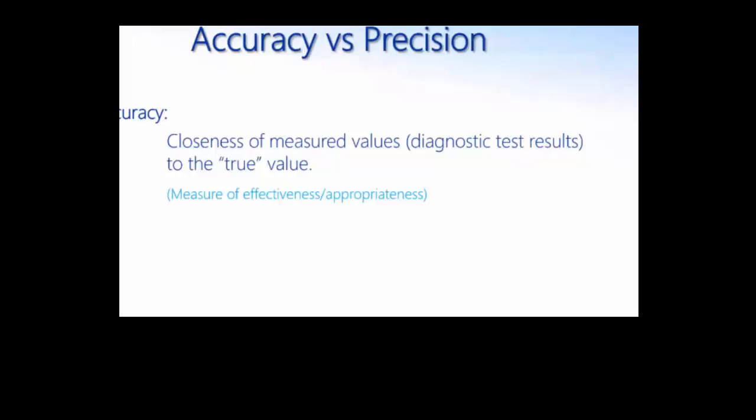This is a measure that reflects the effectiveness or the appropriateness of the true value, meaning that the status of the sample that we test is, prior to the testing, confirmed by other valid methods.